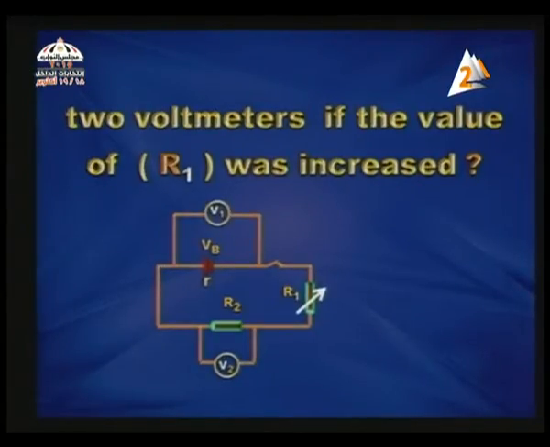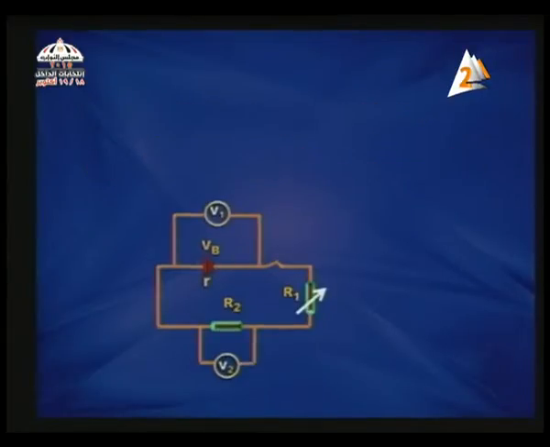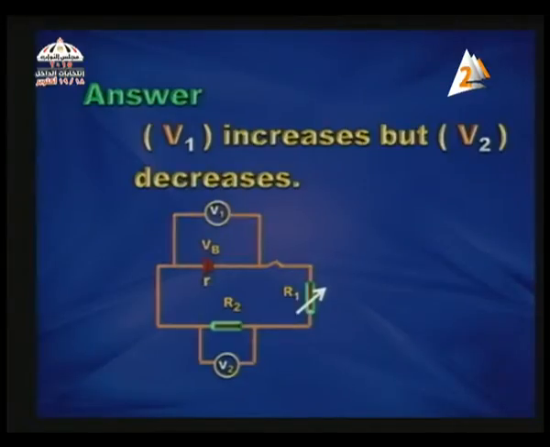We'll take it one by one and explain it. The answer is V1 increases, but V2 decreases. What about the explanation? Why does terminal voltage V1 increase, but the voltage across R2 decrease?